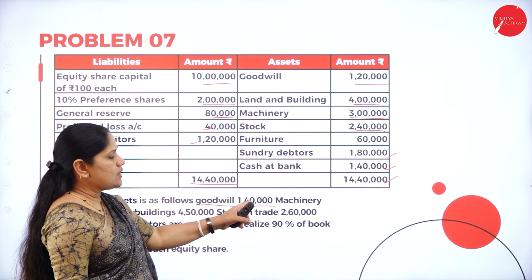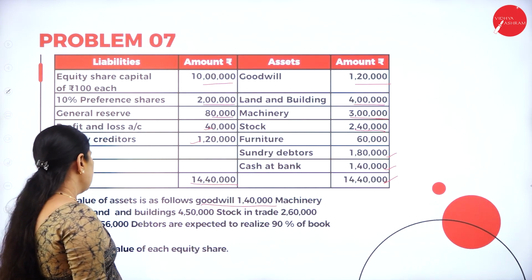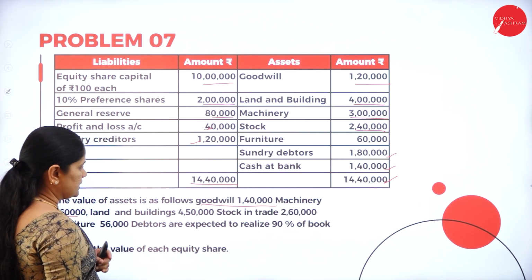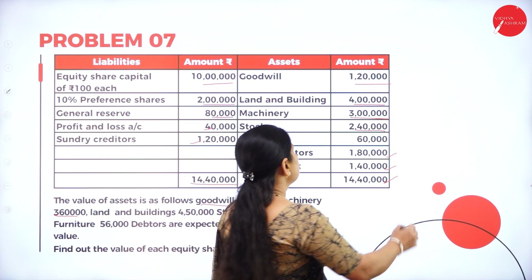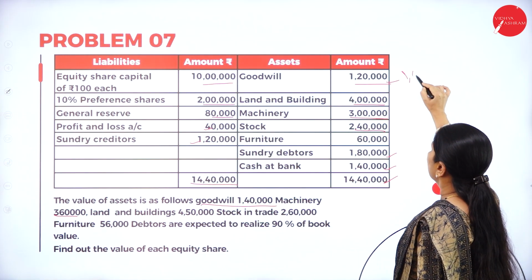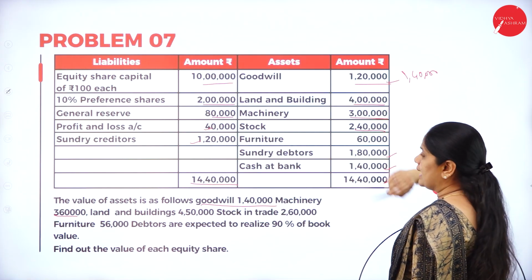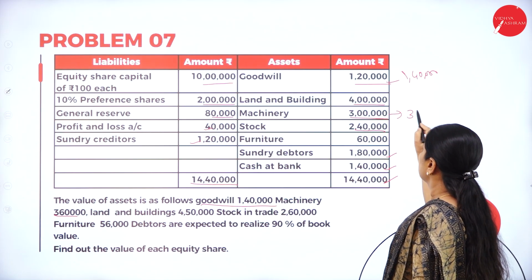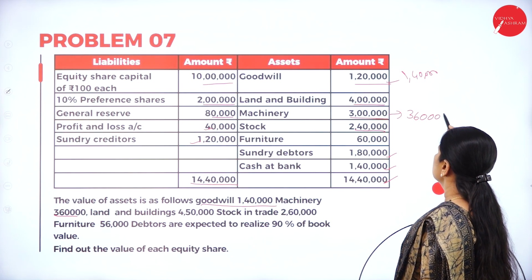The goodwill is 1,40,000. The value of machinery is 3,60,000. Now, in the balance sheet, we have the goodwill as 1,20,000, but the revalued amount is 1,40,000. Now, the machinery value is 3,60,000.